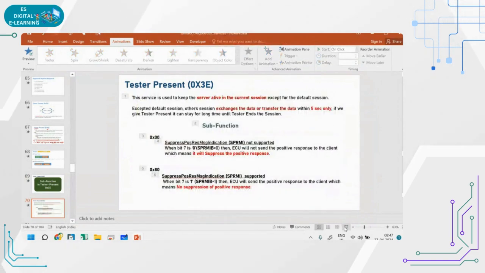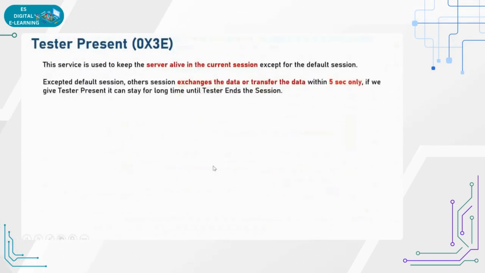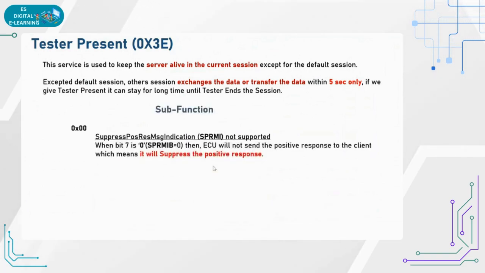So here, the first step will be the sub functions. So 0, 0. 0, 0 is very important. I would like to say suppress positive response message indication. That is the SPRMI. Write down 0, 0 is suppress.